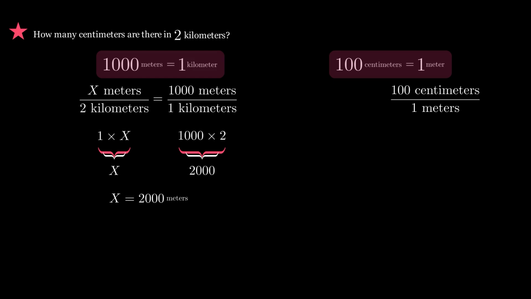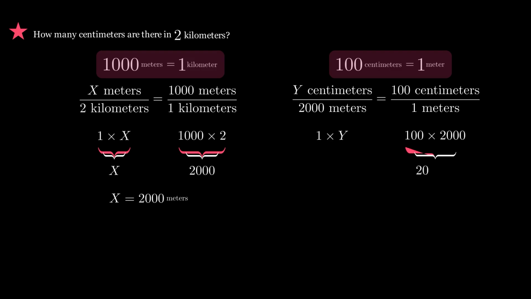So we can write it down as y centimeters over 2000 meters. After cross multiplying, we get 100 times 2000 equals 1 times y. After simplifying it further, we get y equals 200,000 centimeters, and therefore there are 200,000 centimeters in 2 kilometers.